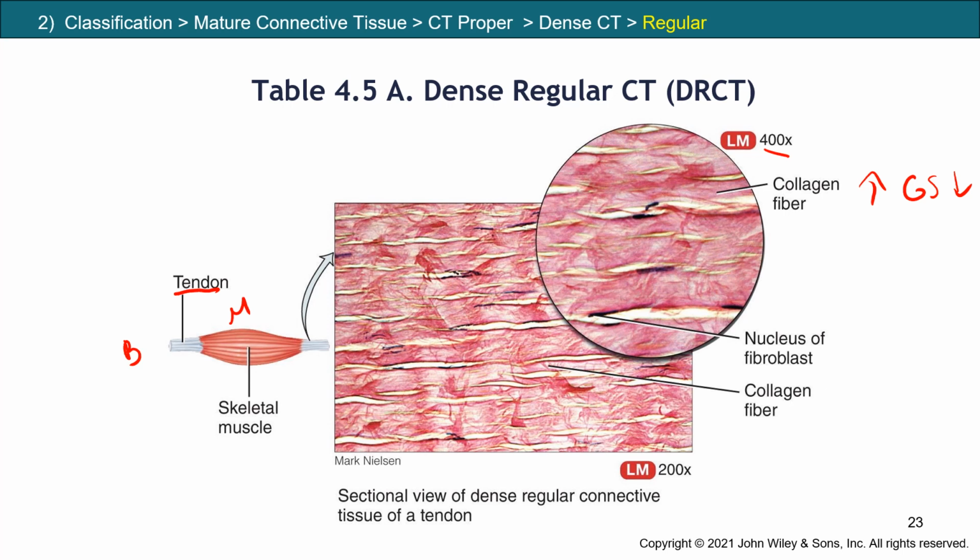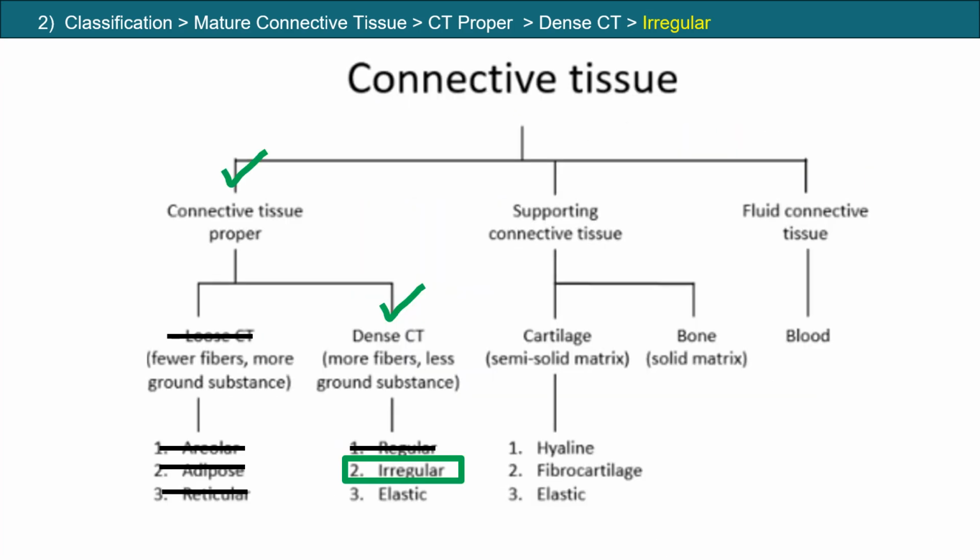And besides that, in the 200 magnification, you can see all these collagen fibers running in parallel. Okay, so we finish with the first type of dense connective tissue, and very clear there is a lot of fibers and much less ground substance.